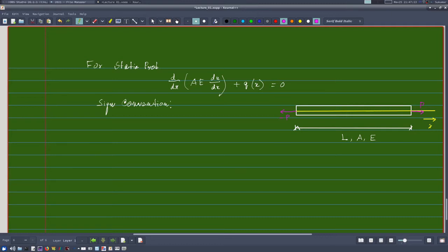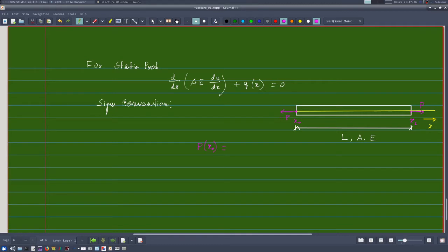So that's how we take the sign convention. Therefore, if I specify a force at the left hand side of the bar, I will have P at x naught equal to 0. I can take this as the position of x naught and this as xL.